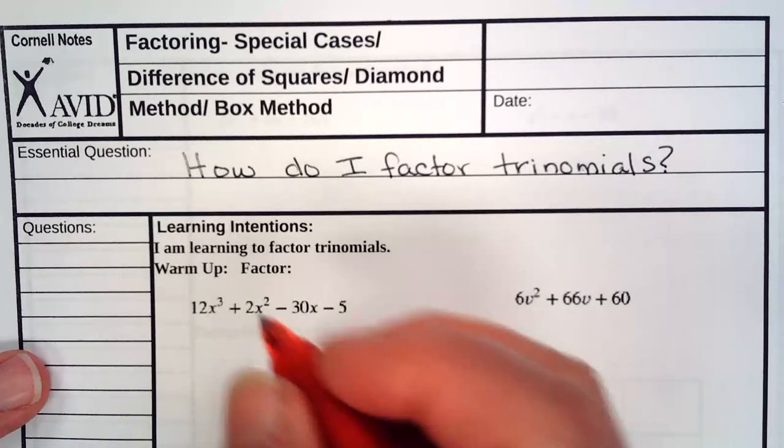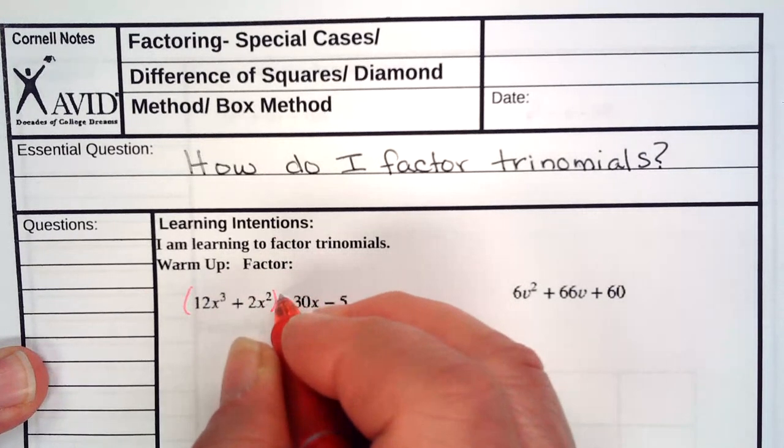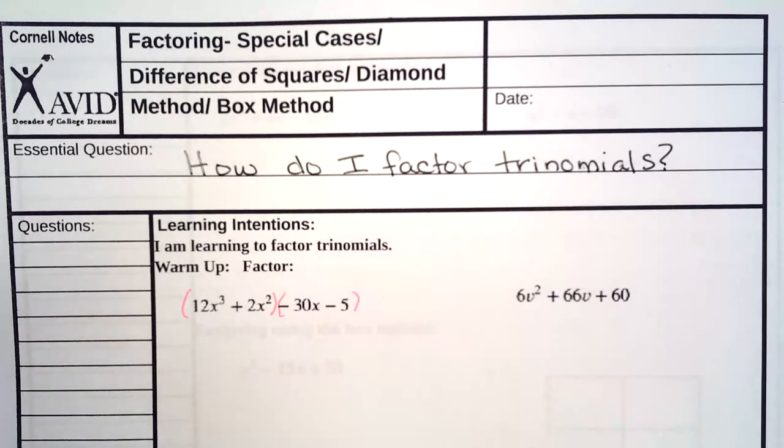Well, I hope you tried. Remember that we're going to put the first two together, and then we're going to put the last two together, and we're going to factor.